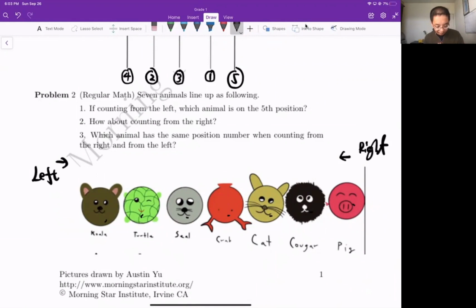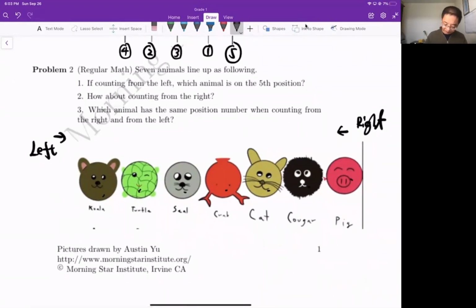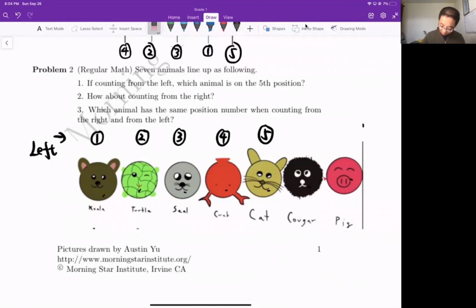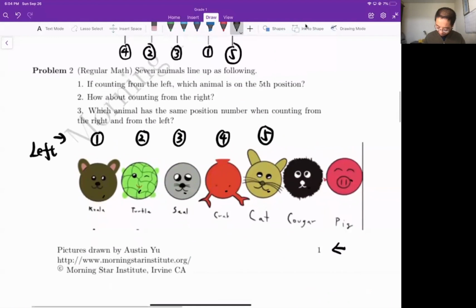If we count from the left, which animal is on the 5th position? So if I count from the left, this is 1, 2, 3, 4, 5. So the cat is on the 5th position if we count from the left. Now, how about from the right? Okay, so if we count from the right, let me put right on the bottom.